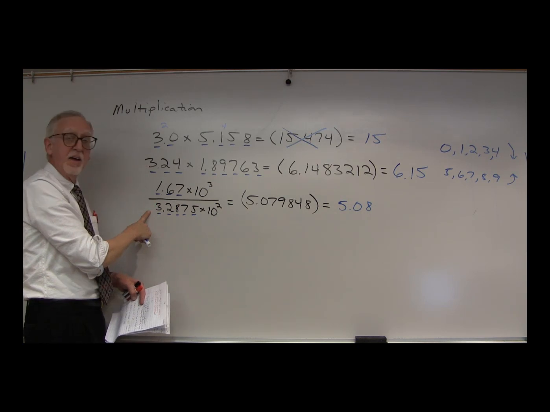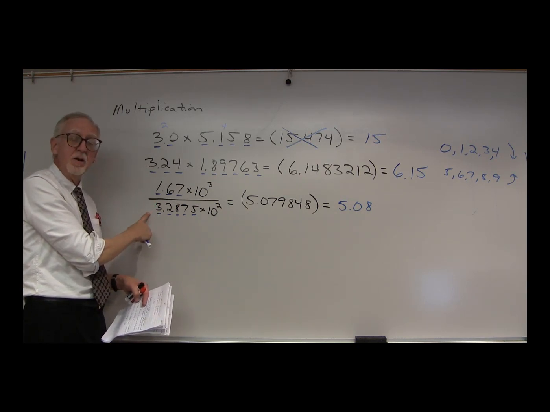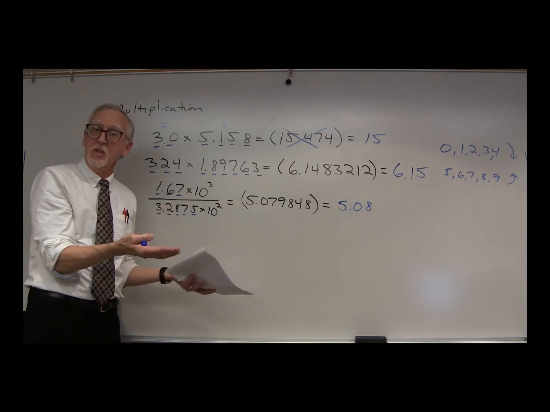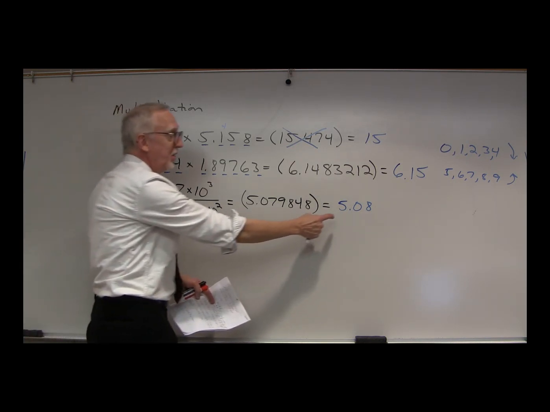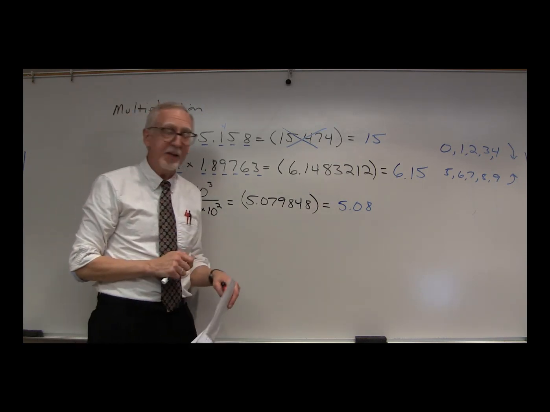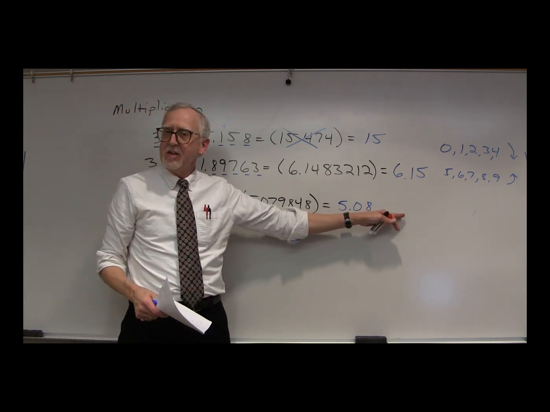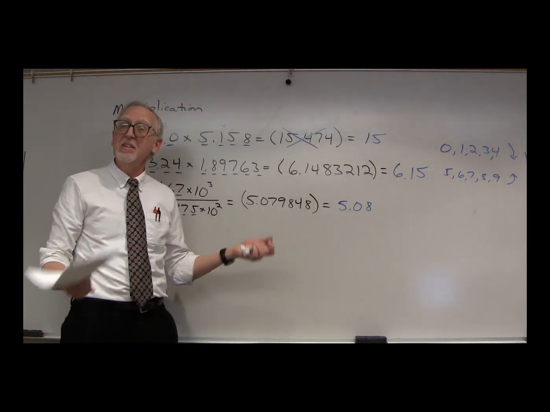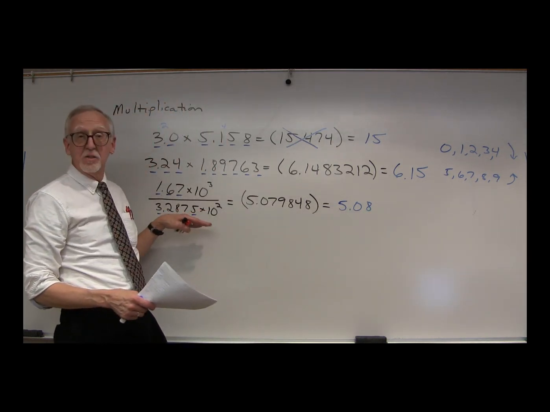So we've got a number that's less than 1 times 10, which is going to give us a number in the units place. And what do we end up with? Yeah, we have just a number of 5 in the units place. It's not 5 times 10 to the 3 or 5 times 10 to the minus 6 or something like that. It's in the ballpark of what we would expect.